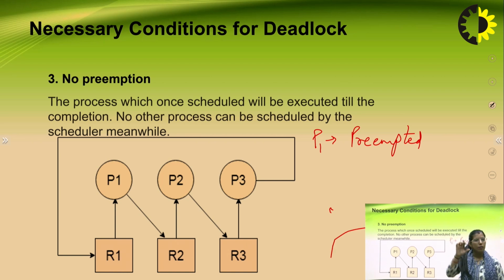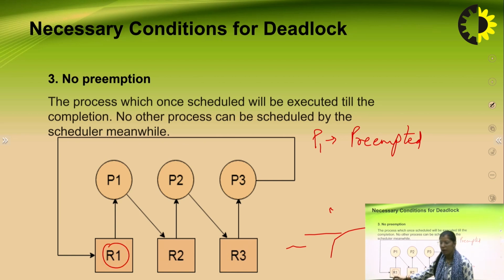Preempted means if we are able to stop the P1 process in between, then when this particular process stops, it will release this R1. So this R1 becomes free, which is required by the P3 process, as P3 is holding R3 and it is waiting for R1, which is now available. So P3 can execute. When P3 can execute, it will release R3 as well as R1, which P3 is holding.